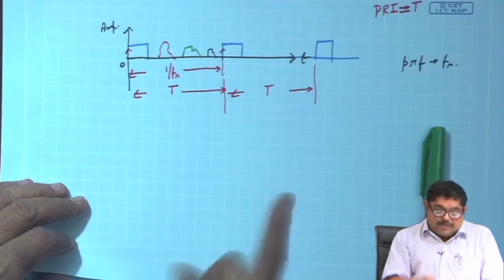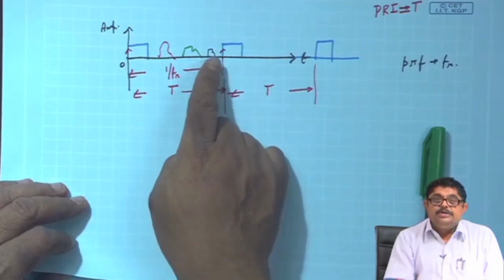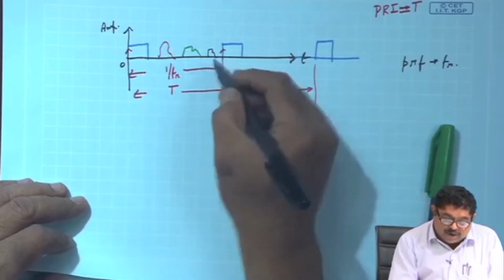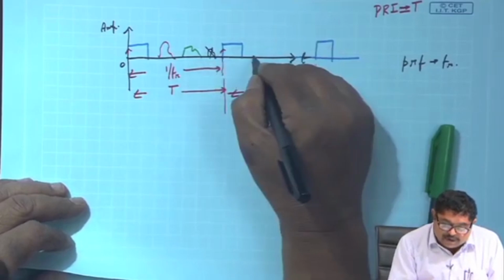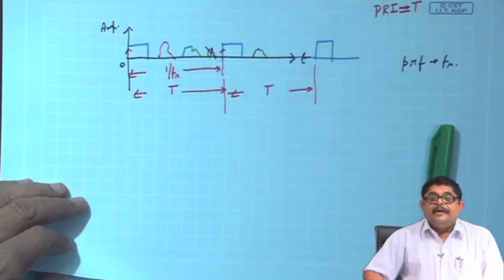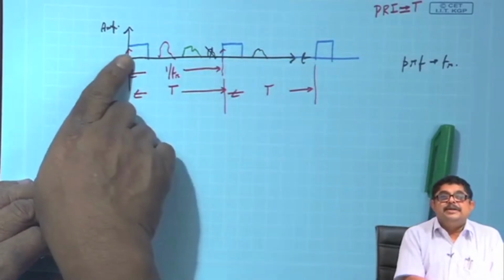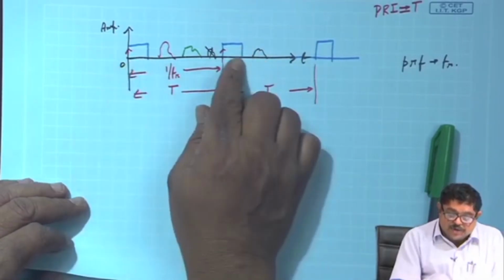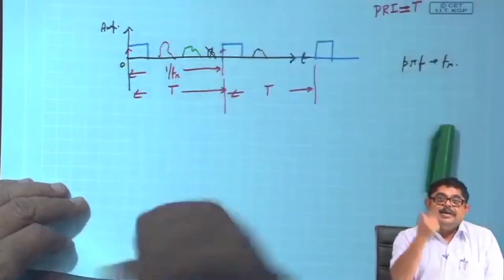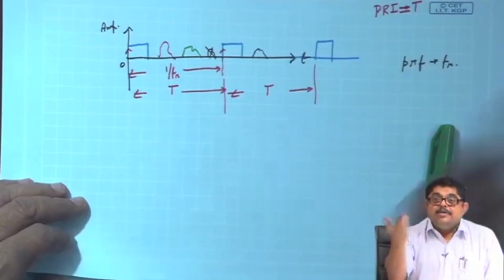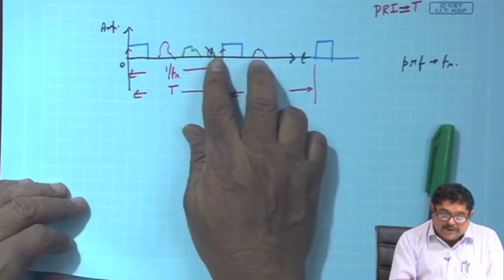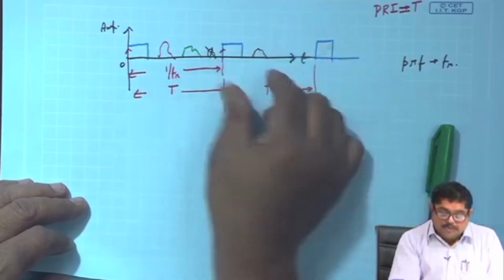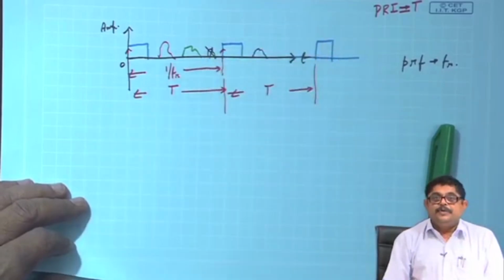But suppose this last echo, instead of coming here, has come here, though it was in response to this first pulse. By that time I have already sent the second one. So, radar will think that this is the range, and it will calculate it very small, because this delta t is very small.